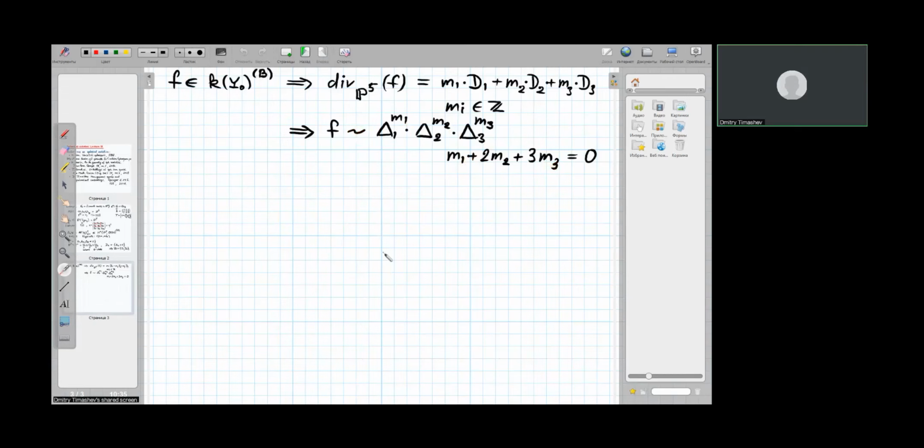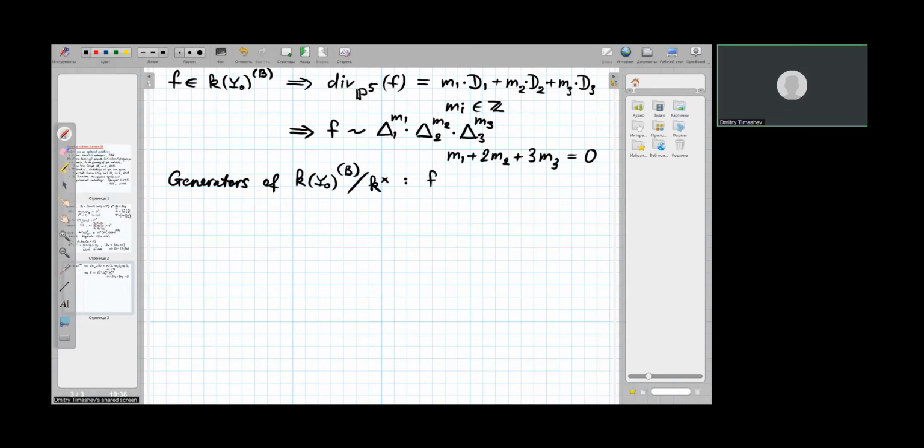And now it is easy to see that any such function can be expressed as a product to some integer powers of the following two functions, which are the generators of the multiplicative group of B semi-invariant rational functions modulo scalars. We can take the following functions for the generators.